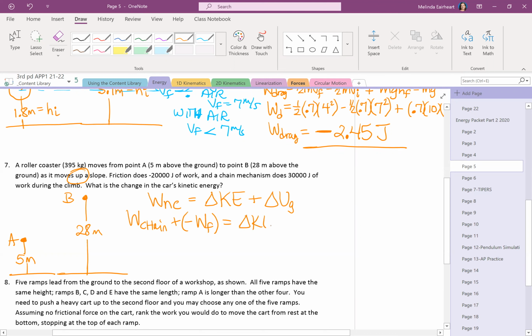Change in kinetic is actually what they say to solve for, so don't break it down into 1/2 mv squared. And then plus this change in potential energy, well, you can do final minus initial. The only thing changing is the height. And so similar, a little different than what we just did up above. I could just say it's mg delta h or delta y, whichever.